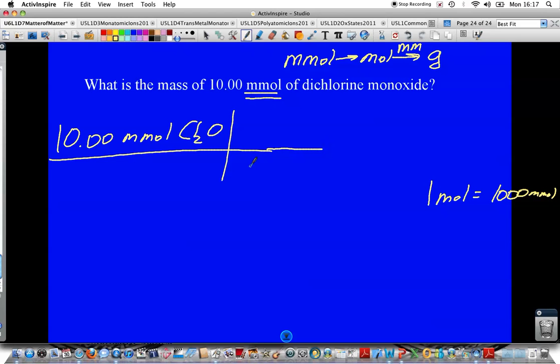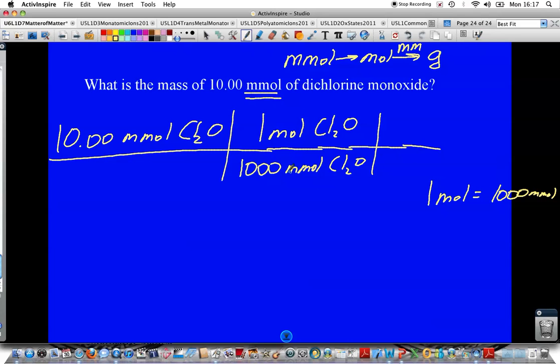And so I have millimoles on top, and so I want millimoles on bottom so that it'll cancel. So the 1,000 is going to stay with the millimole. So 1,000 millimoles of dichlorine monoxide is equal to 1 mole of dichlorine monoxide. So my millimoles cancel out. If I stop right there, I have moles of dichlorine monoxide, but I want grams. I want the mass.